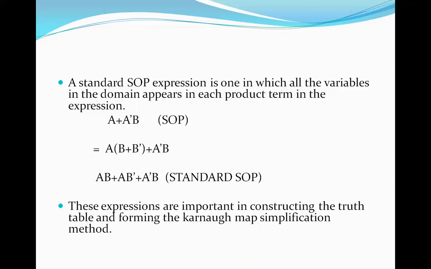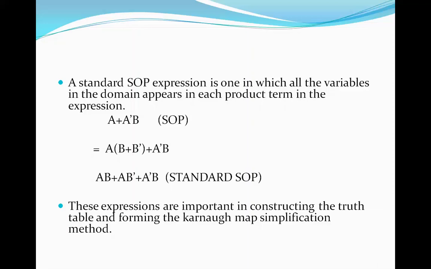The domain of this expression is 2, that means we have this expression in two variables. So how can we convert this first A into two variables? We can apply the law of Boolean algebra, which is B or B complement is always equal to 1.